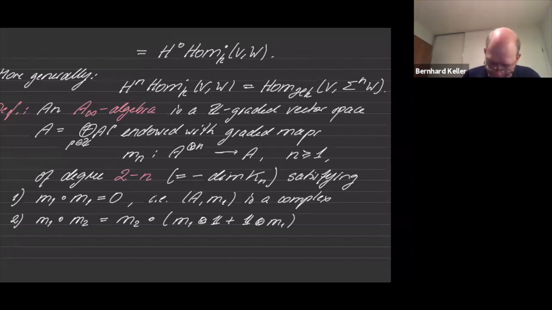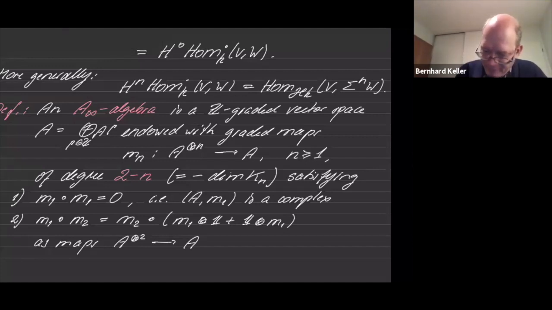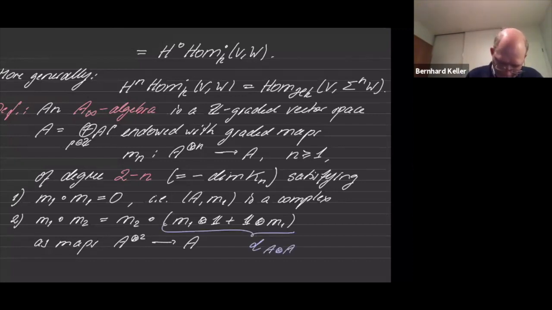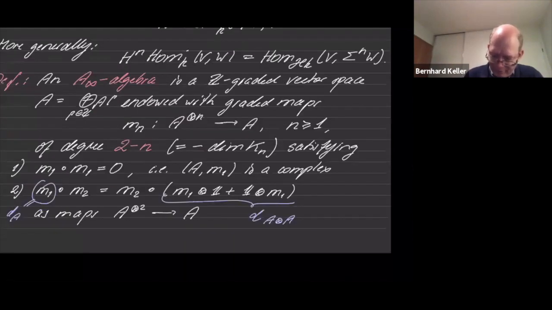So this should be an equality of maps from A tensor 2 to A. But here on the right, you recognize the differential of A tensor A. And here, of course, you have the differential of A. And so this equality simply means that m2 is a morphism of complexes.